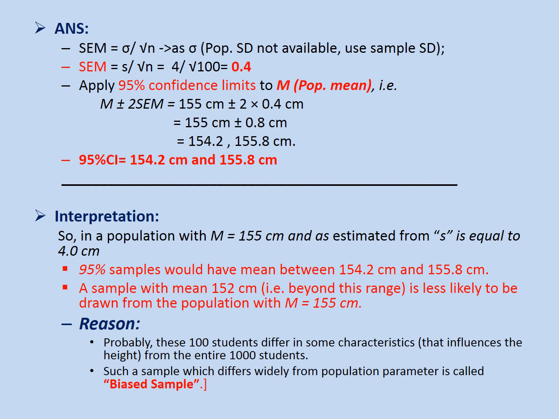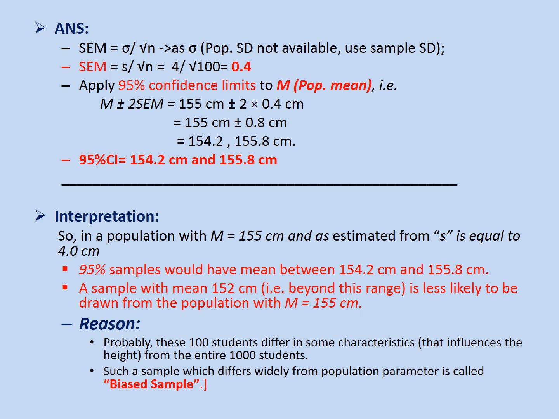So let's see what the range is. Here the population mean, that is 155 centimeters, plus or minus 2 into standard error of mean. The standard error of mean in our example is 0.4. So 155 centimeters plus or minus 0.8 centimeters, we will get the range.